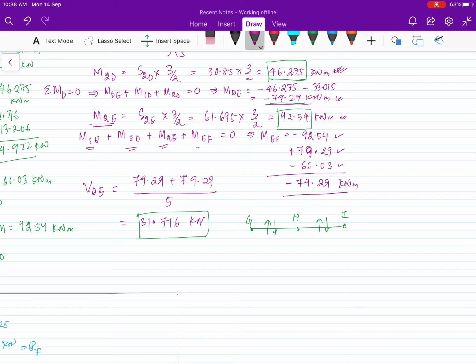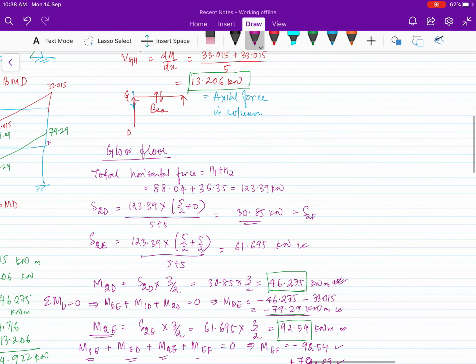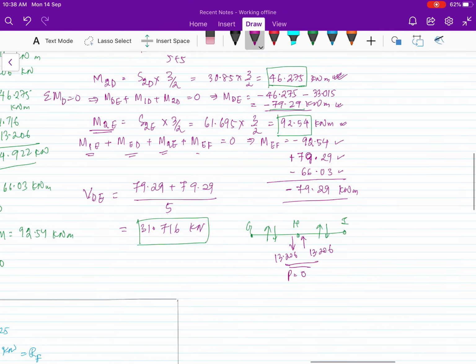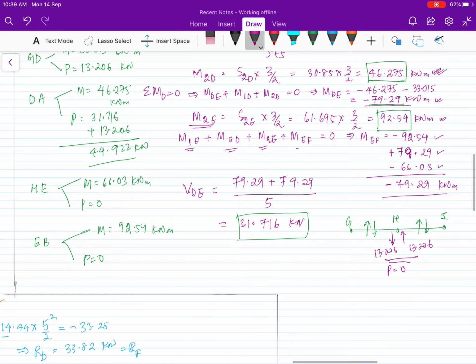So when this shear is transferred here, you can see like this. Because our value is same, in the first we have 13.206 downward, and this is 13.206 upward. So in the axial force, to the column there is 0, because plus and minus 0. Okay. So for intermediate columns, we are not going to have any axial force.